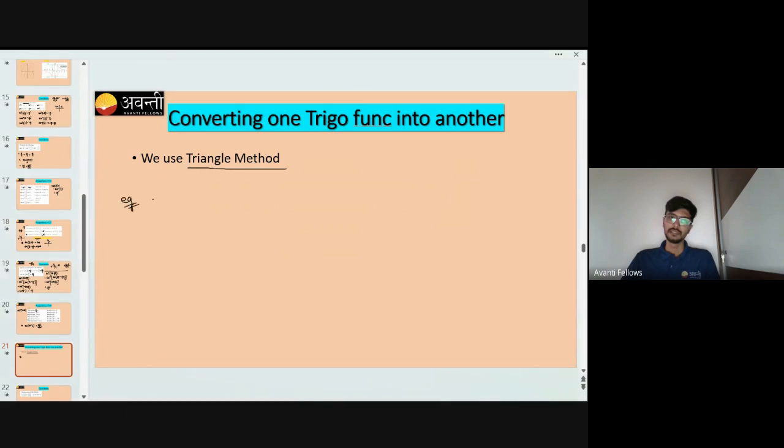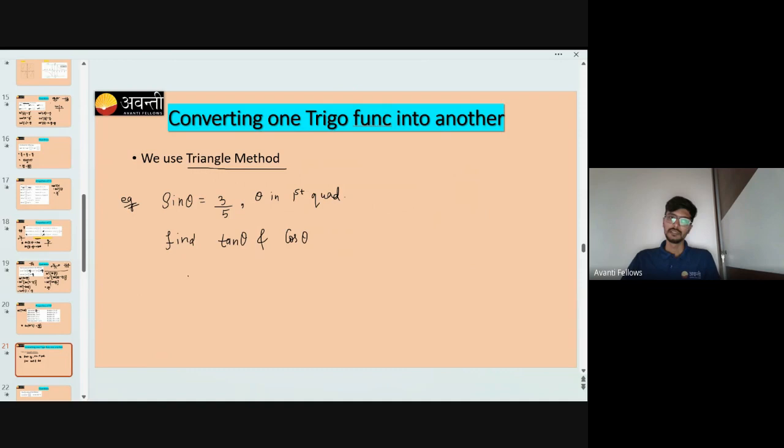So let me take an example. I guess we have all done this, but again, if I write sine theta equals 3 upon 5, where theta is in the first quadrant, find tan theta and cos theta.